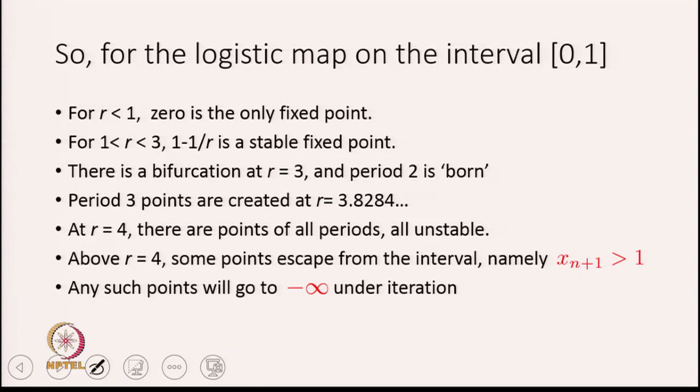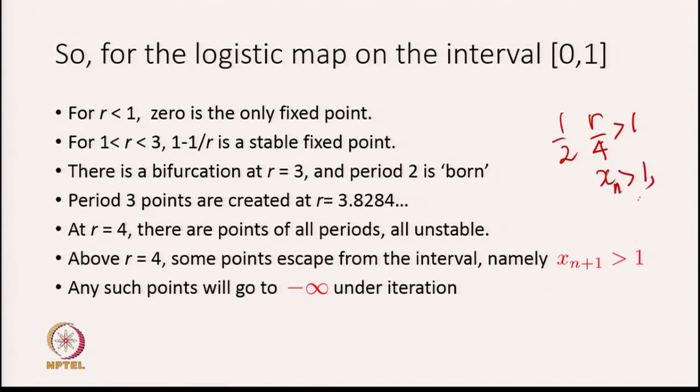Now, if r is bigger than 4, then the map at the midpoint, x equal to half, takes the value r by 4, which is bigger than 1, and if x n is bigger than 1, then you can easily show that x n plus 1 is less than 0, and this will pretty soon go to minus infinity under iteration.